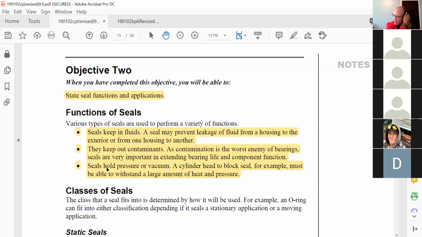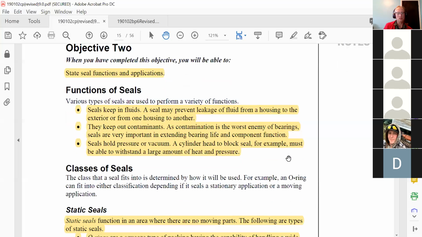Mostly what we're going to be talking about, like wheel seals, transmission seals, differential seals, pinion seals, those aren't designed to hold pressure or a vacuum. Will they hold some? Yeah, they'll hold some to a certain extent, but eventually they'll blow out. That's how we get wheel seal leaks, pinion seal leaks, output seal leaks, all those kinds of good things.